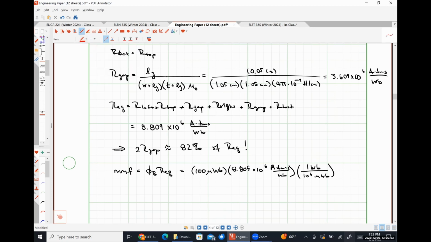So if we look at things here, microwebers cancels microwebers, Webers cancels Webers, we're being left with amp turns. We have 10 to the 6 divided by 10 to the 6, so those guys cancel out. So we have 8.809 times 100 is 880.9.